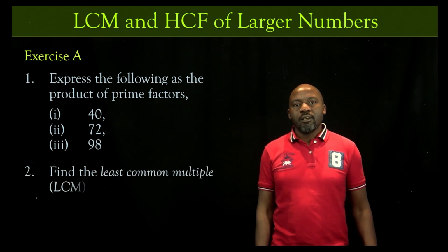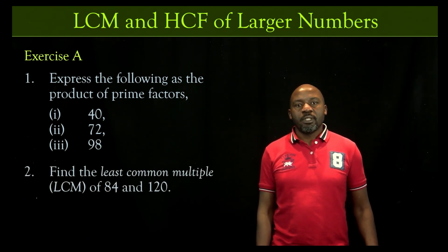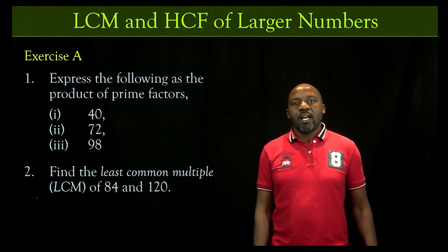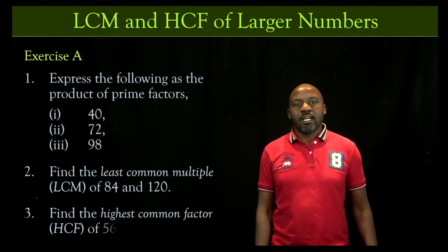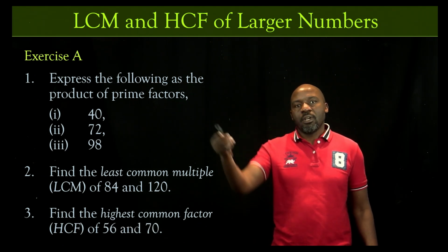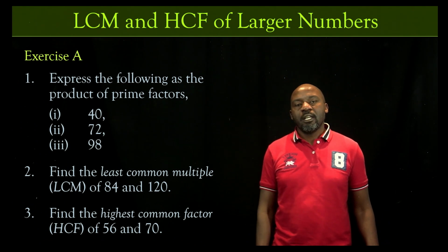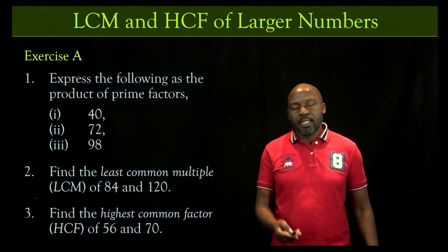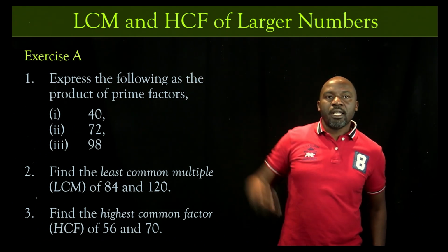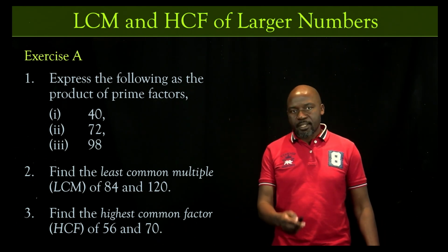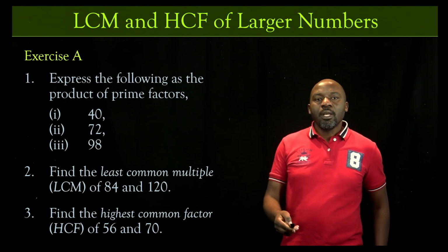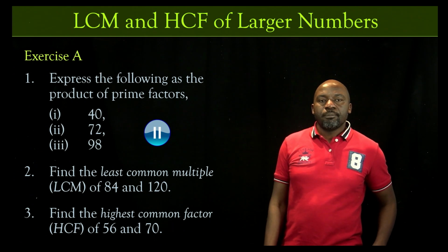Secondly, find the least common multiple of 84 and 120. And lastly, I want you to find the highest common factor of 56 and 70. So the three questions are not related, but they are all testing your ability to eventually determine LCM and HCF of large numbers. Okay? Pause the video, try it out.